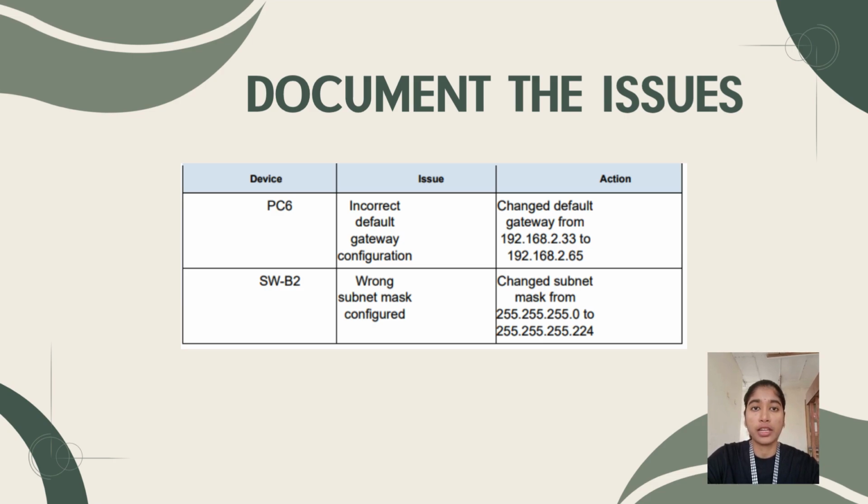It was set to a standard 255.255.255.0 when it should be 255.255.255.224. This would cause routing and communication problems for devices on that subnet. By correcting these two misconfigurations, we were able to restore full connectivity.